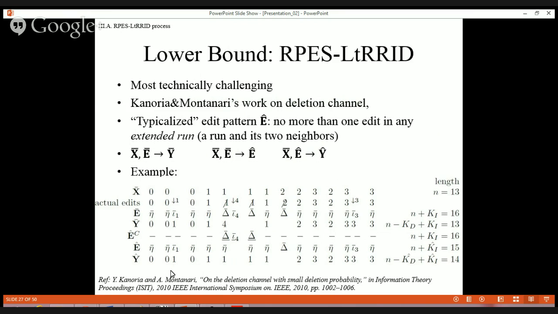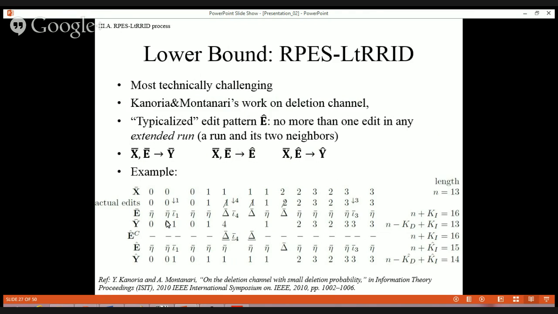This figure shows an example of all the sequences we've defined. The first line shows the pre-edit source sequence X. The second line is a more visualized way to show the actual edit. And the third line is the edit pattern described by the edits we defined before.